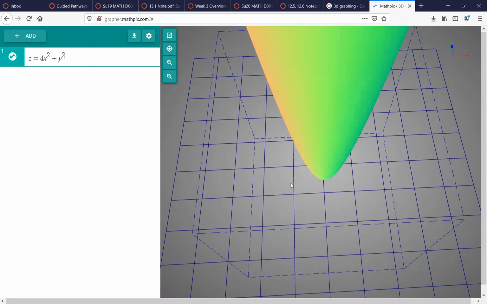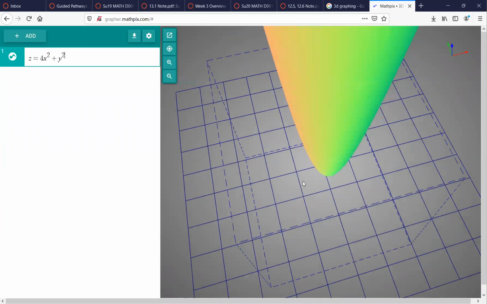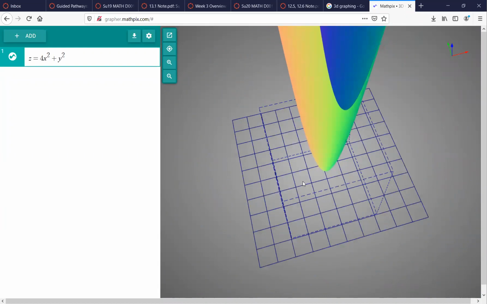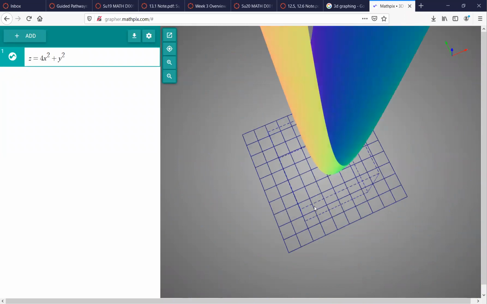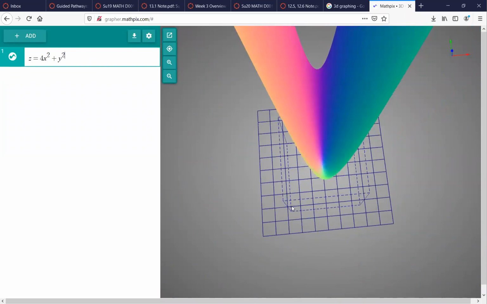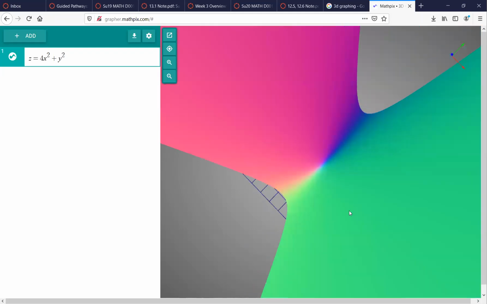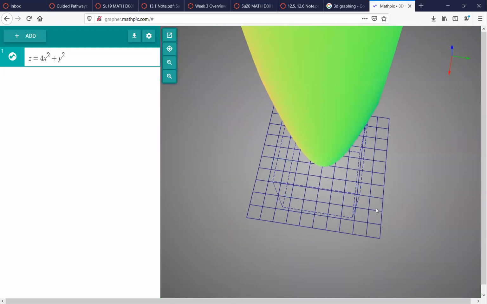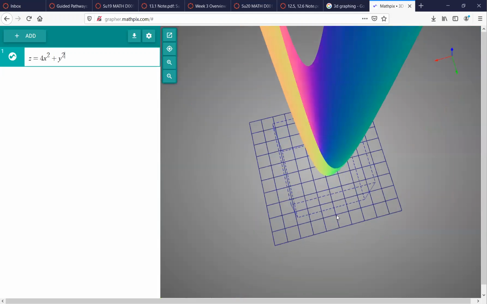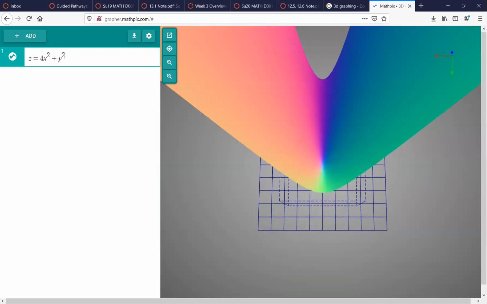Take a look at your graph. Let me just minimize this a little bit. As you guess, it's an elliptic paraboloid.